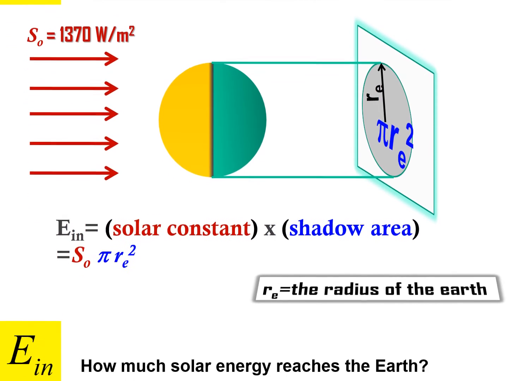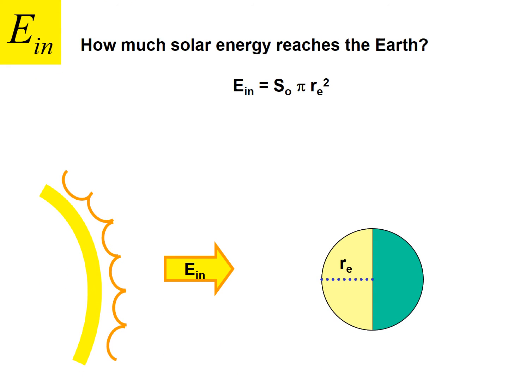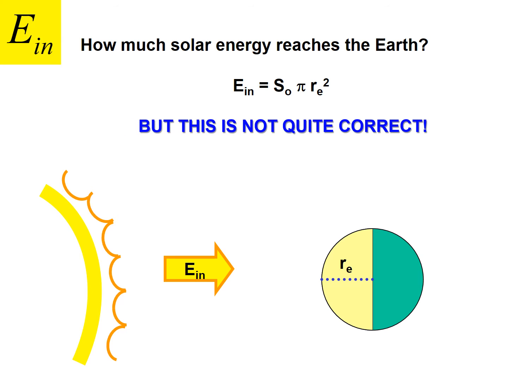E in: solar constant times pi r squared. So we have a problem. This is not correct. What are we missing? Solar energy cannot be totally received. Some of it is reflected, right?